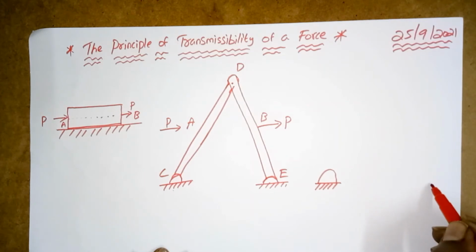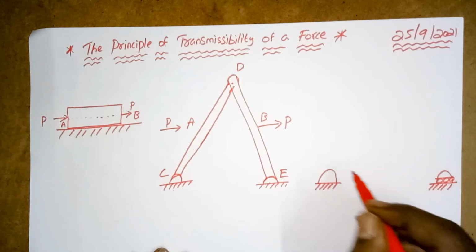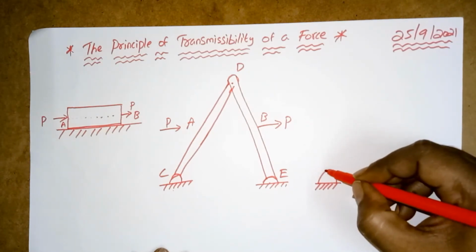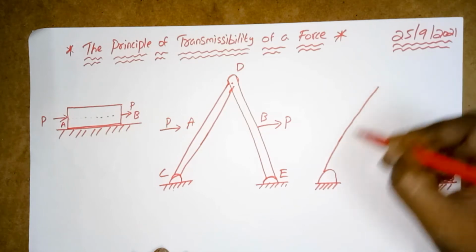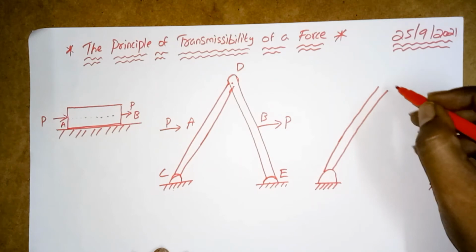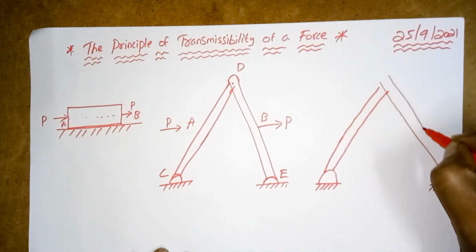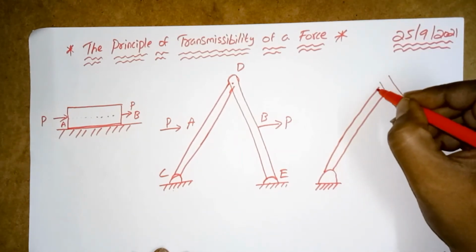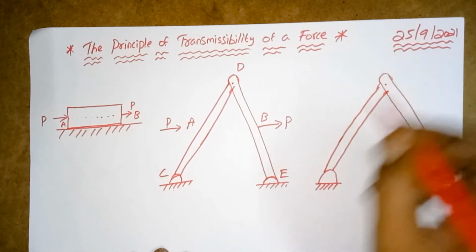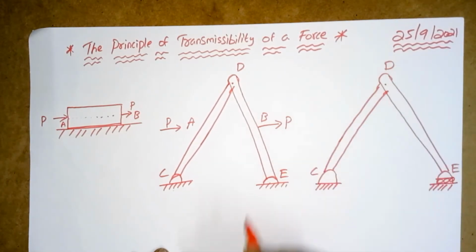If you get a question regarding this principle of transmissibility, you can explain with this diagram. It is again hinged, the points are the same, C, E, and this is D.